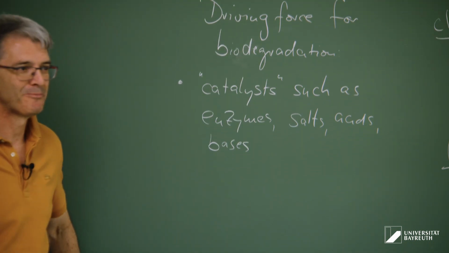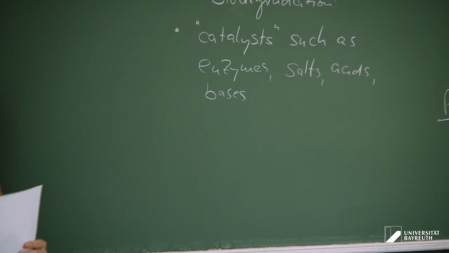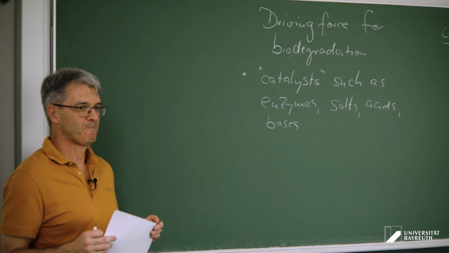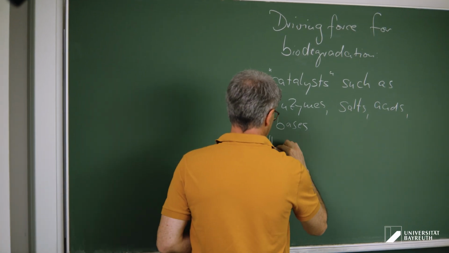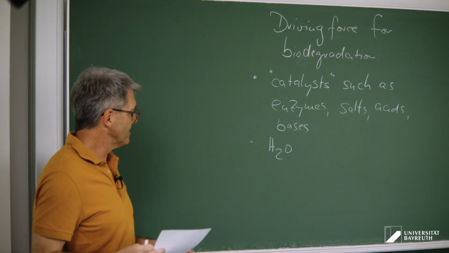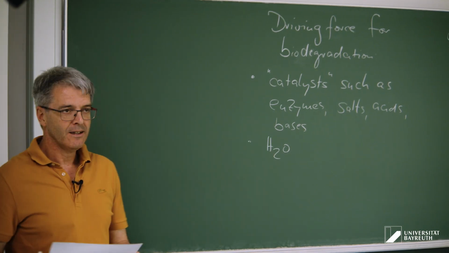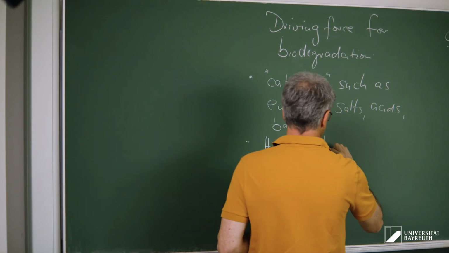But what else? What's the major component of our body by weight? Yeah. Water, exactly. So water does play a critical role. Why? Because water can attack chemical bonds, and then you call this hydrolysis.